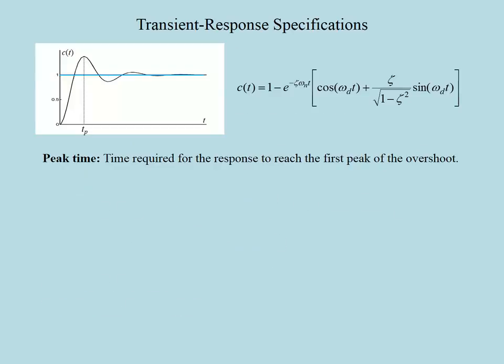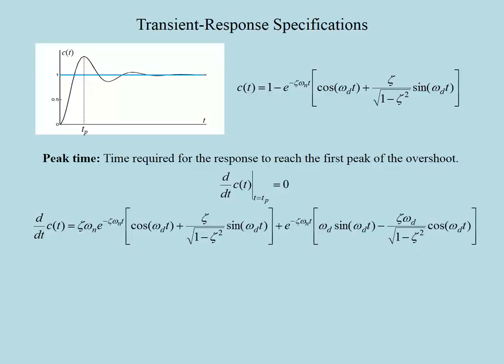Next, we consider the peak time. The peak time is when the first maximum of the response occurs. In other words, whenever the derivative of c(t) is equal to 0. Differentiating c(t), we'll see that the cosine terms can be cancelled and we can collect the sine terms together.